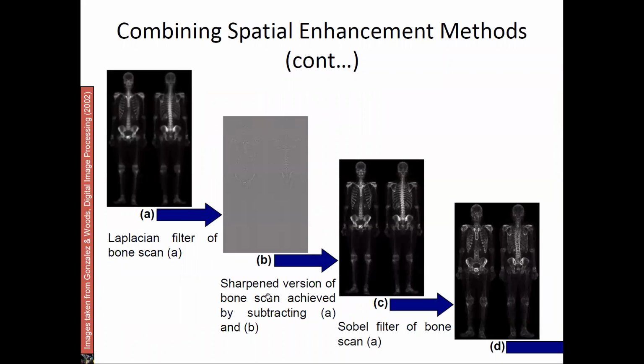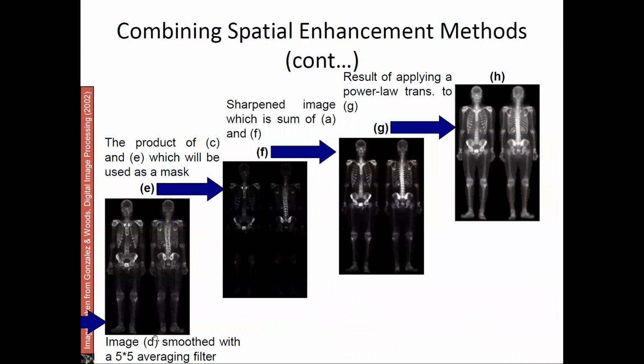First, we sharpen it by applying a Laplacian filter to the bone scan. Then we sharpen it and get a bit brighter image. Then by applying the Sobel filter, we get the vertical and horizontal edges, and then we smooth it with a 5x5 averaging filter, and the sharpened image is the sum with this.